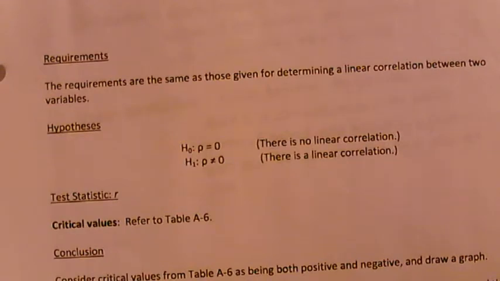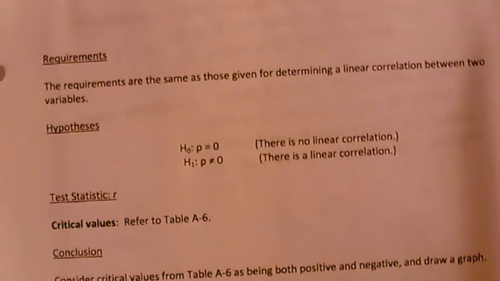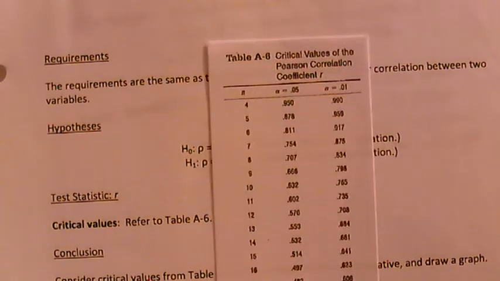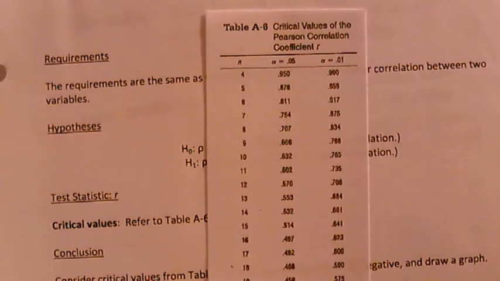And your test statistic is R, which is that formula that I already went over. However, you'll be using a calculator to calculate R. And then for your critical values, we use table A-6, which is the Pearson correlation coefficient table for critical values.